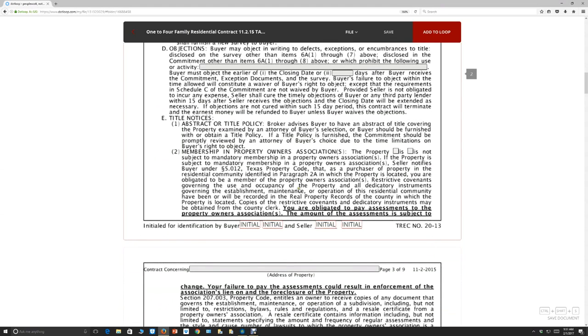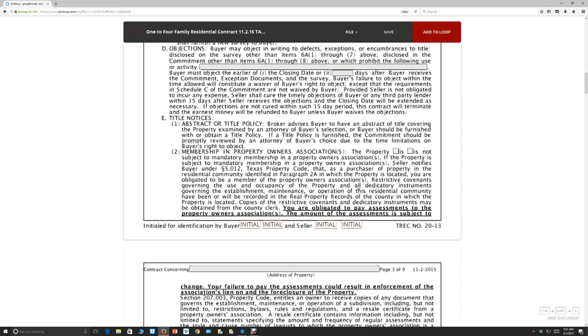All right, we're going on down. E2, membership in a property owners association. Super important. The property is or is not subject to a mandatory property owners association. This is a big deal to people. Some people will never buy a home that is not in a mandatory homeowners association. They want that mandatory homeowners association.